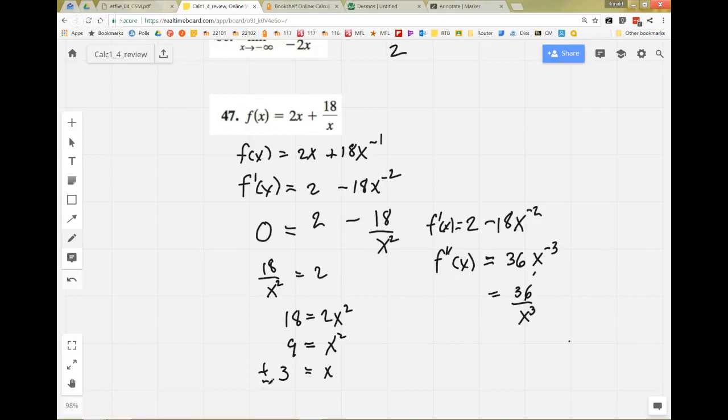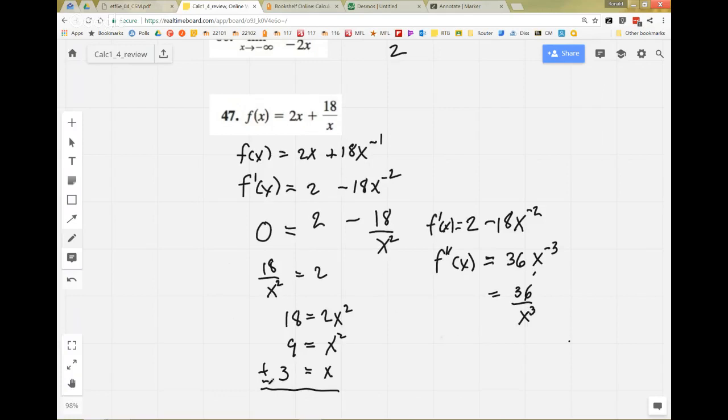Now all we have to do is plug these two in. What happens when you plug in a positive 3? A positive 3, when you cube it, is 27, and 36 over 27 is positive.